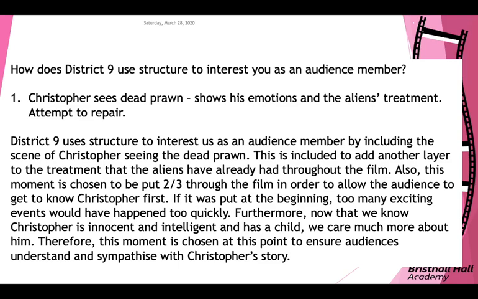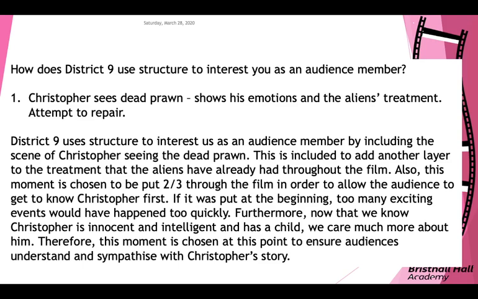If it was put at the beginning, too many exciting events would have happened too quickly. Furthermore, now that we know Christopher is innocent and intelligent and has a child, we care much more about him. Therefore, this moment is chosen at this point to ensure audiences understand and sympathise with Christopher's story.